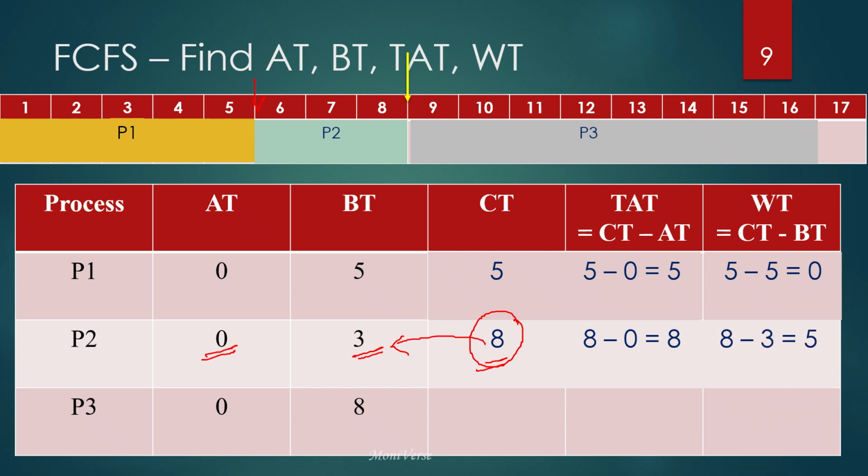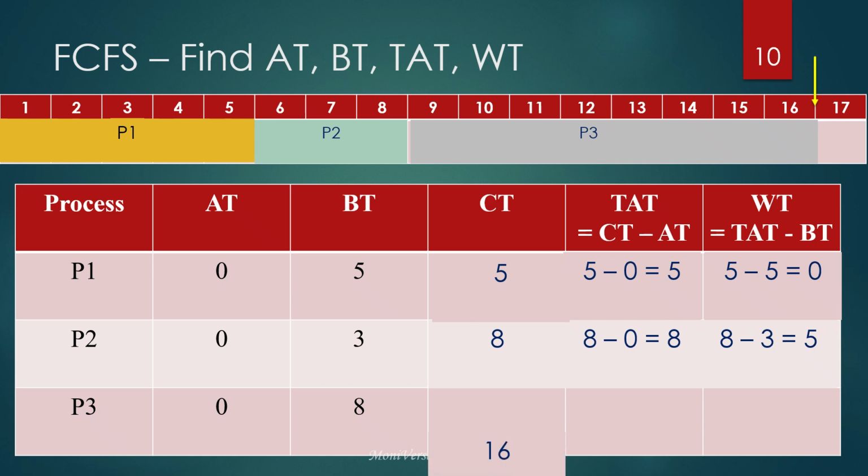For process P3, it is completed at 16 seconds. So the completion time is 16 units of time. Turnaround time we calculate with the formula 16 minus 0, which is 16. Turnaround time generally means how much time it has spent from entering the queue until exiting after execution from the processor.